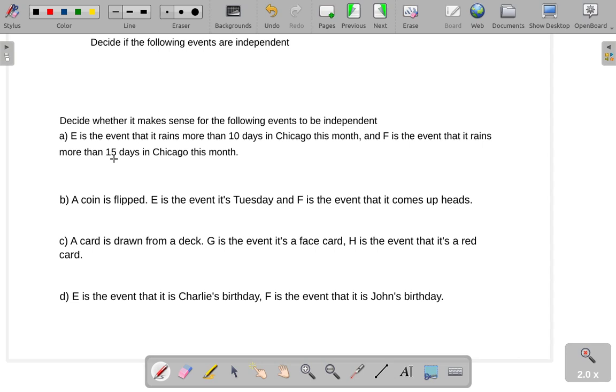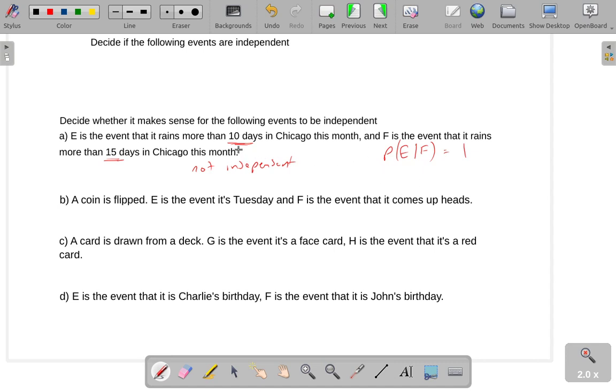And yes, if it's rained more than 15 days, it's definitely rained more than 10 days, which means that these are not independent. The fact that this one has happened changes the probability of that one. The probability of E given F is 1.